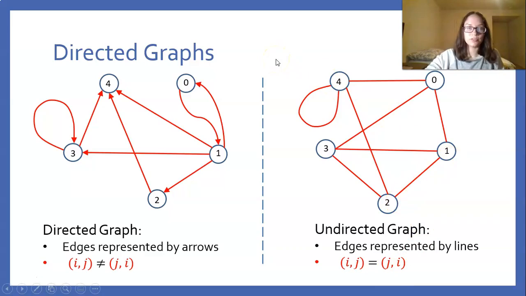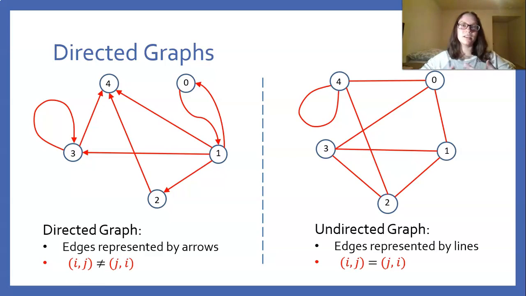So on the contrary, we now introduce the concept of a directed graph. In a directed graph, it's not the same. Mathematically, edge i comma j is not equal to edge j comma i. And practically speaking, this can mean different things. Let's say that we have a graph that represents phone calls between people.